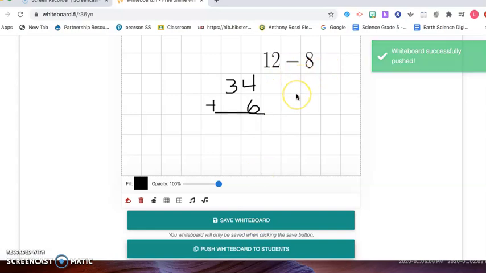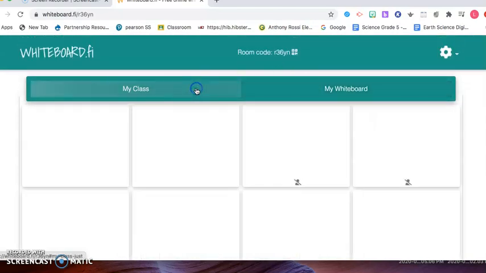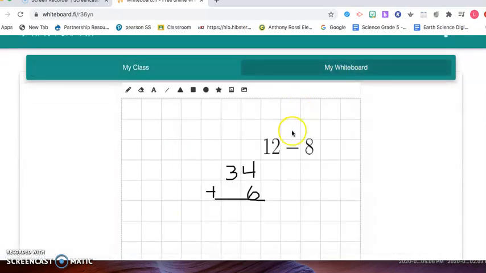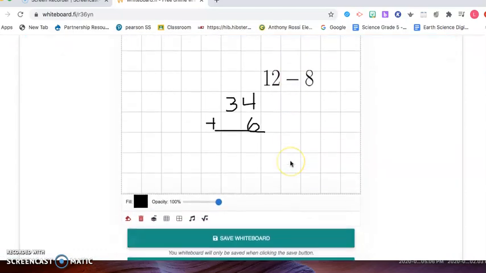And actually, you will see two whiteboards. You'll see my whiteboard, and you'll have your own. So on the one that I pushed out to you, you'll see 12 minus 8. And on your whiteboard, you're going to want to put the answer to that. And then I get to see all of your answers. It's kind of like showing me your whiteboard in class, but we're actually doing it virtually.